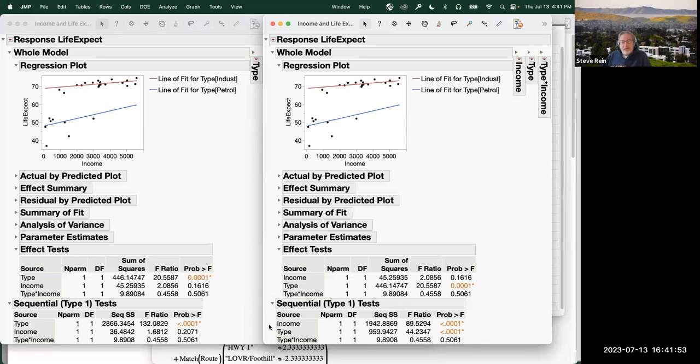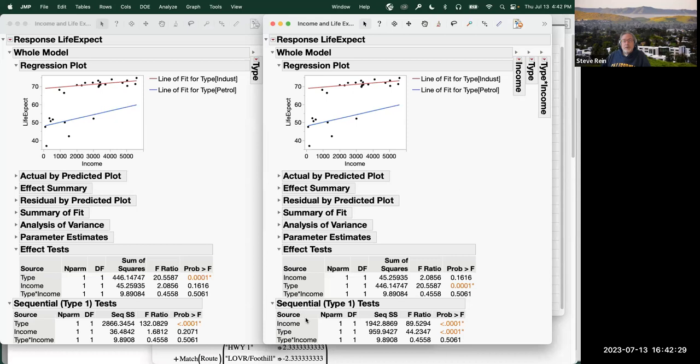So I will say it this way. Is there a noticeable trend relating income to the response? Yes, there is. If I were to include a slope, would there be a noticeable difference between the country types? Yes, there is. Third, if I had a slope and even had a difference between the two country types, do I gain anything by having a difference between the slopes in my two groups? I don't see one.